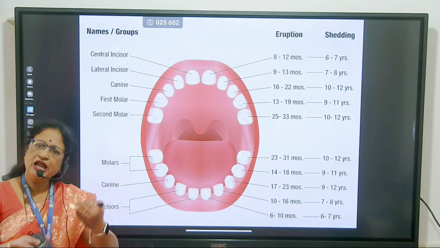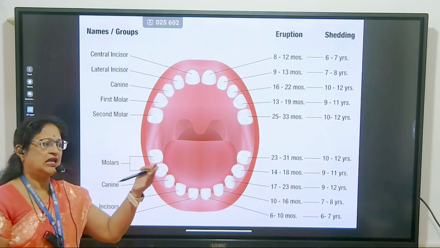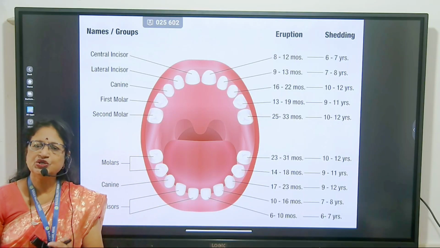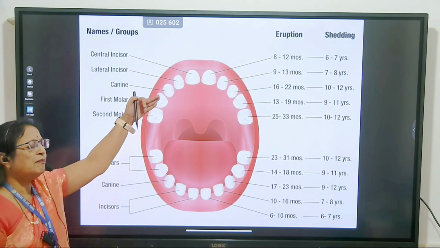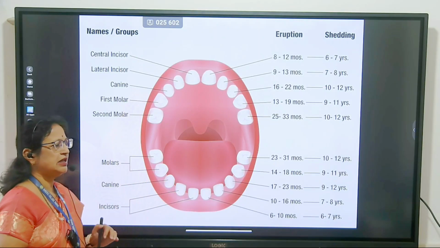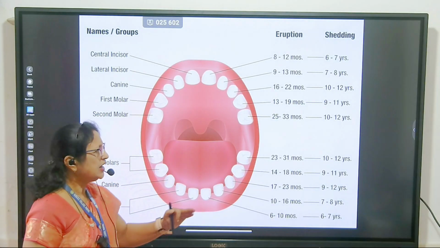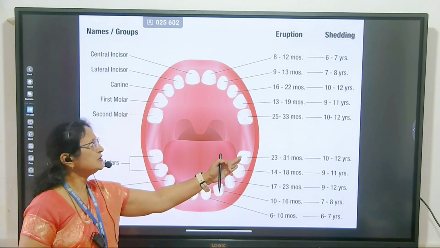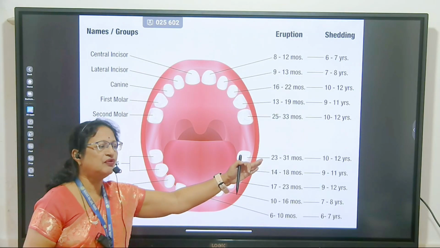Now, there is a slight difference in the eruption age as well as the shedding period of these teeth in the upper jaw as well as in the lower jaw. See, the second molar erupts at the age of 23 to 31 months.